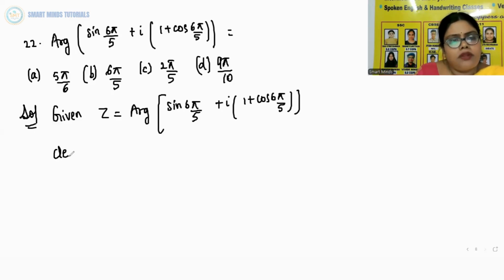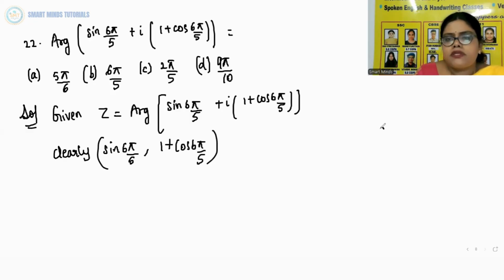So clearly you can see sine 6 pi by 5 comma 1 plus cos 6 pi by 5. So this is a complex number, because a plus ib we can also denote by a comma b. So this is the real part, this is the imaginary part. So this lies in the second quadrant of the complex plane.